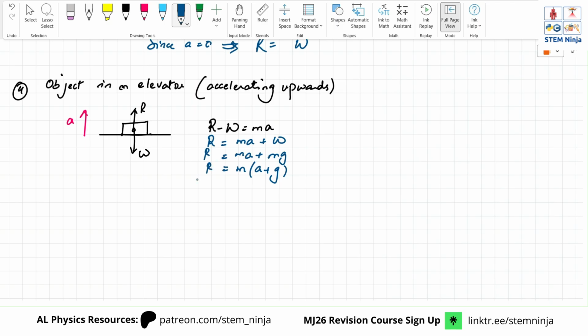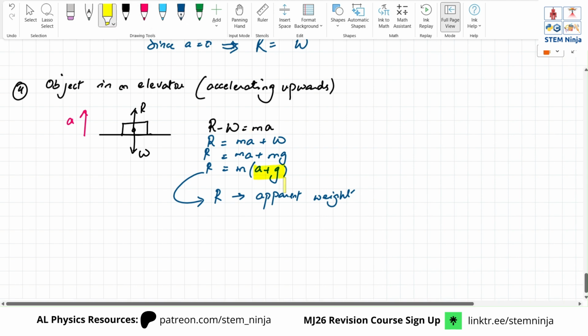So effectively, R, which is often written as the apparent weight on the object, is actually more than the original weight. So it will be like squished down. So when you're going up the lift, you feel that your weight has increased.